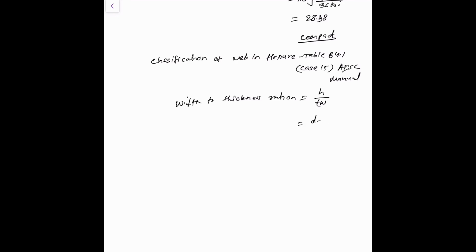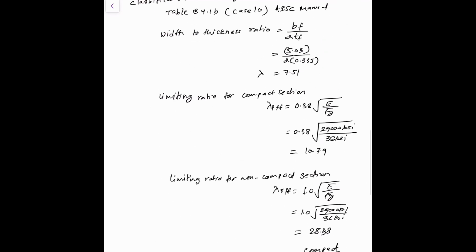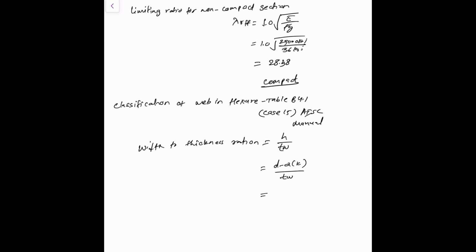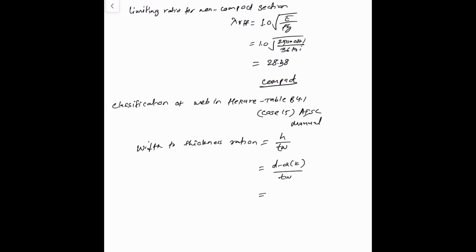The height is equal to depth minus 2k, over thickness of web. So we are going to find the depth of this. What was our section? 14 by 26. So this is in table 1-1.